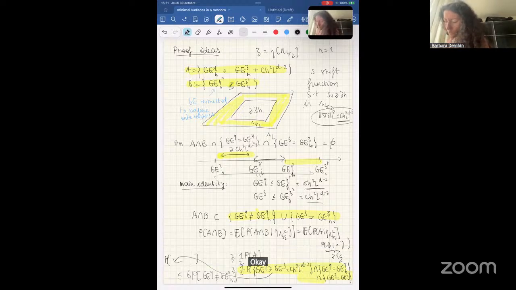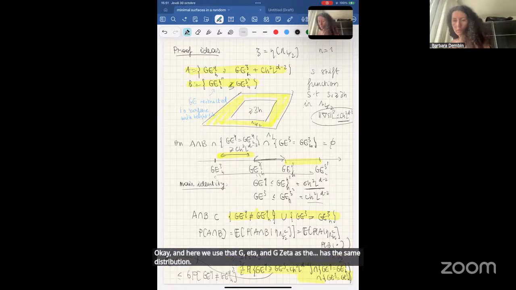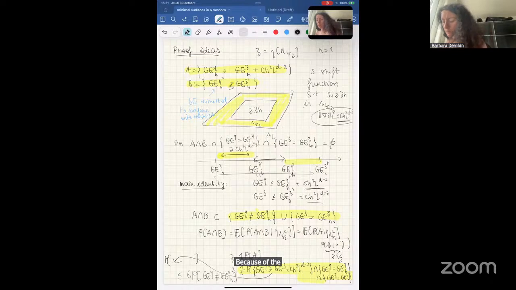And here we use that G eta and G zeta have the same distribution because of the stationary assumption.